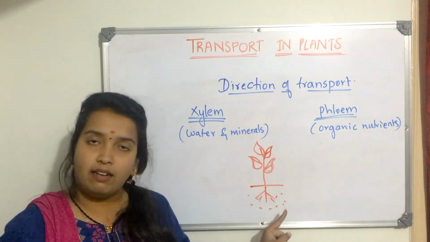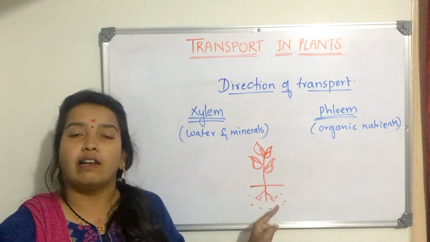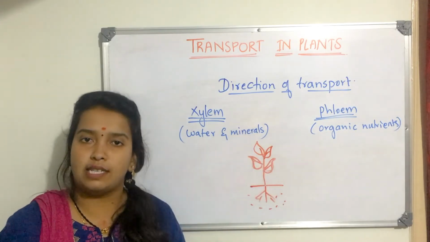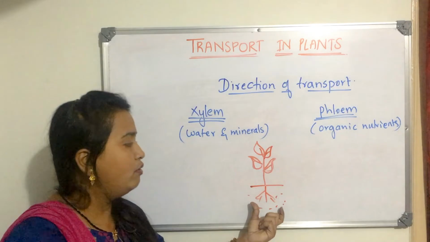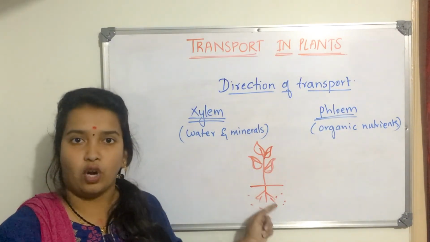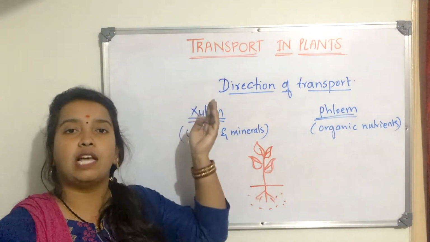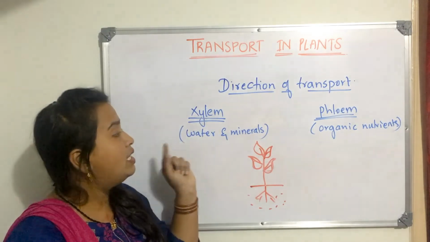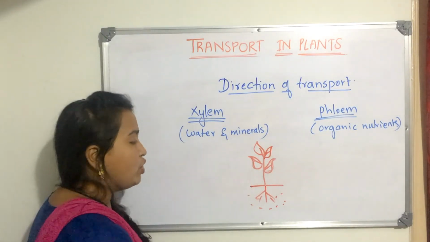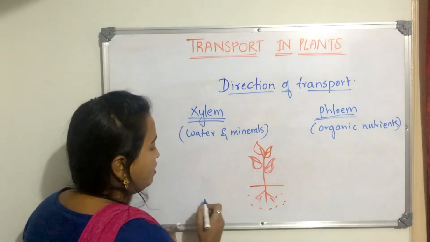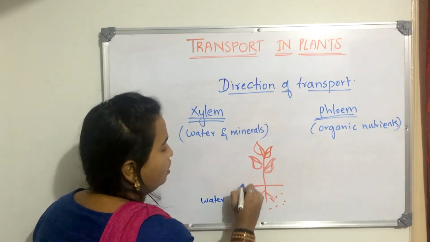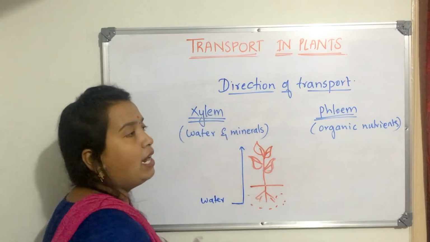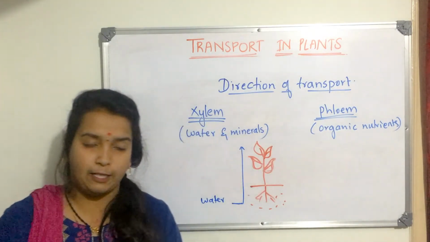So water enters always from the soil, through roots, to the stem and the aerial part of the plant. This water usually moves from root hair to the epidermis, cortex and then xylem, and through xylem it is taken up. So water always moves from the soil towards the upper part of the plant.